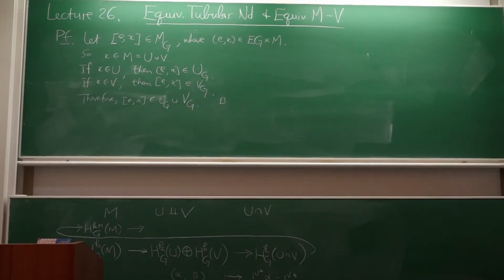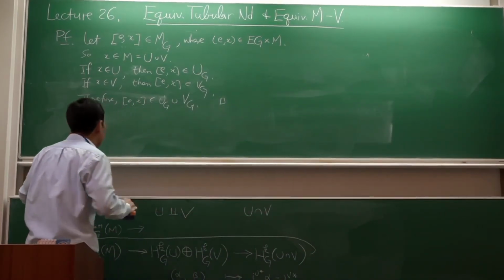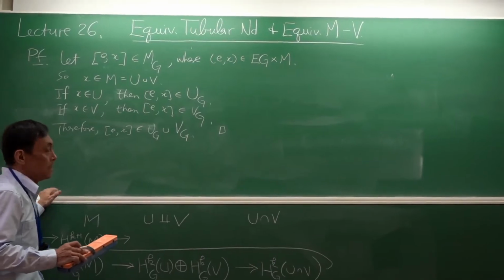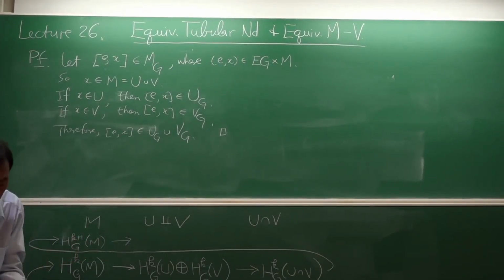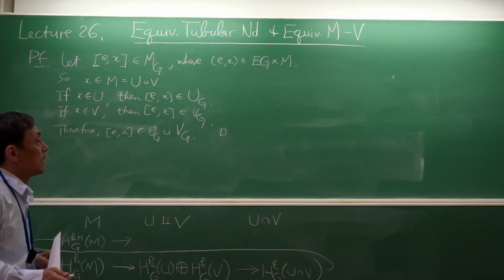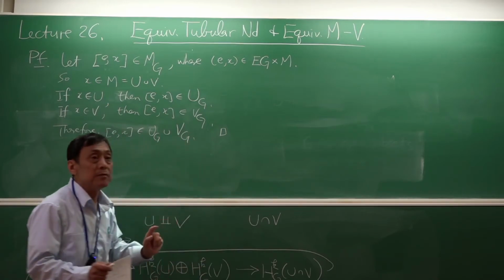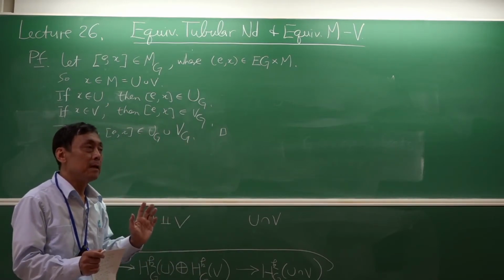So starting with two G-invariant open sets that cover M, we get an open cover of M_G, and so we can apply the ordinary Mayer-Vietoris sequence to this open cover, U_G, V_G.